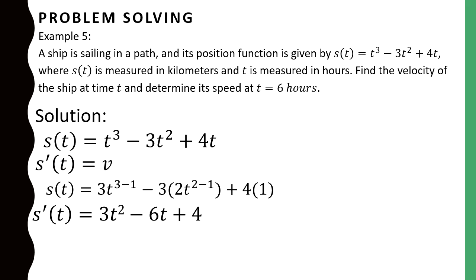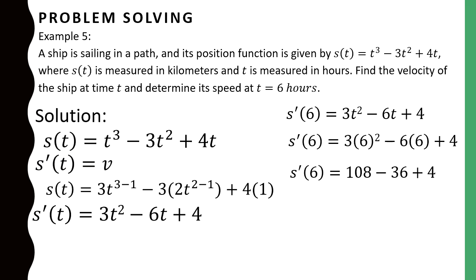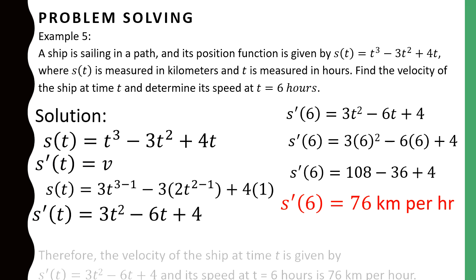Again, to find the speed at 6 hours, we substitute t with 6. That gives us 3 times 6 squared minus 6 times 6 plus 4. 3 times 6 squared is 108, minus 6 times 6 is 36, plus 4. 108 minus 36 plus 4 gives us 76 kilometers per hour.